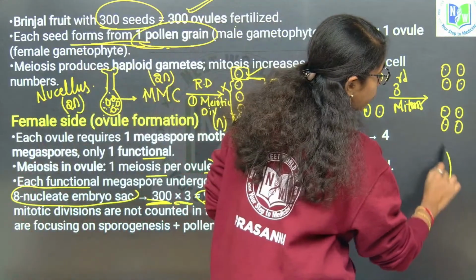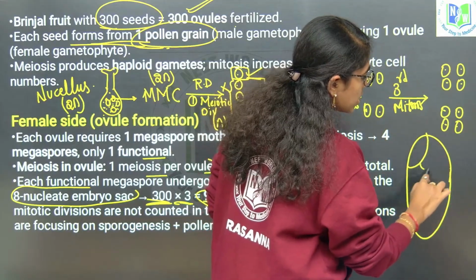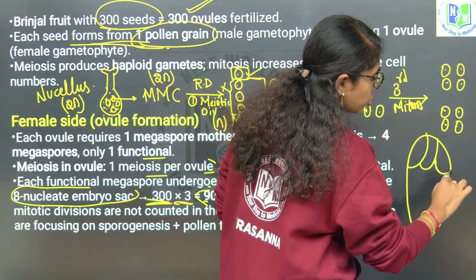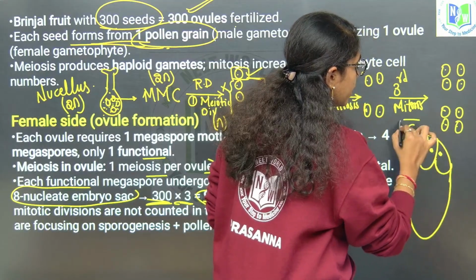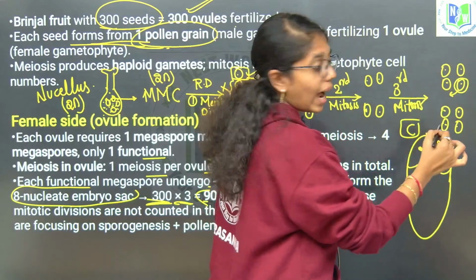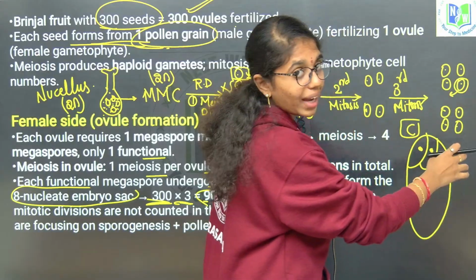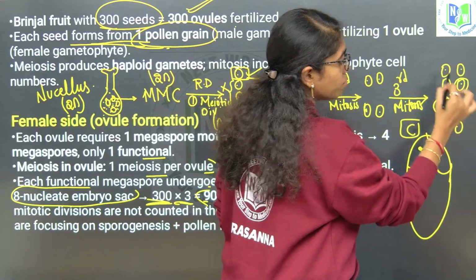So here in the embryo sac, 3 cells towards the chalazial end are the antipodals, and 1 cell from here will move to the center. At the micropylar end also 3 cells are there, of which 1 cell comes to the center.